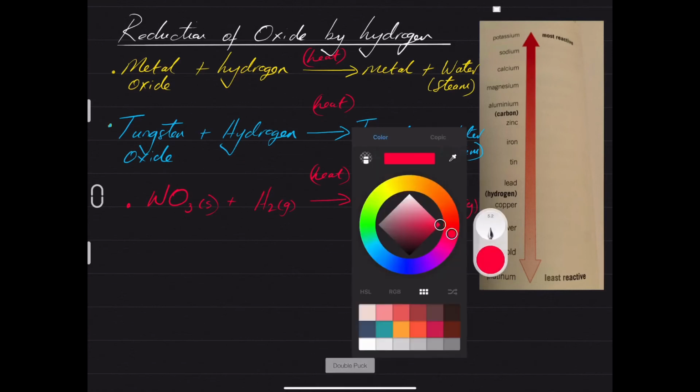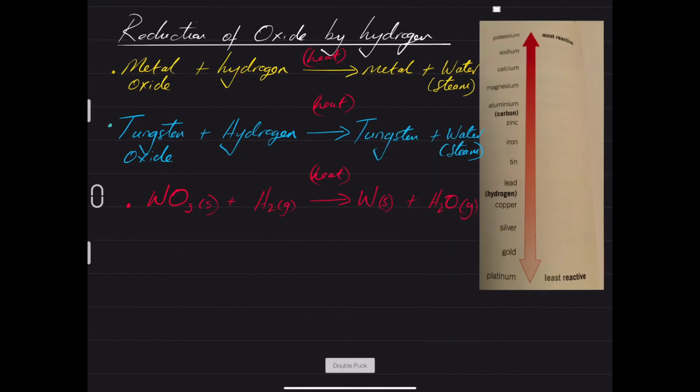All right, so you should have 3 with the hydrogen and 3 with the water. Because we have 6 hydrogen on the left hand side and 6 hydrogen on the right hand side.